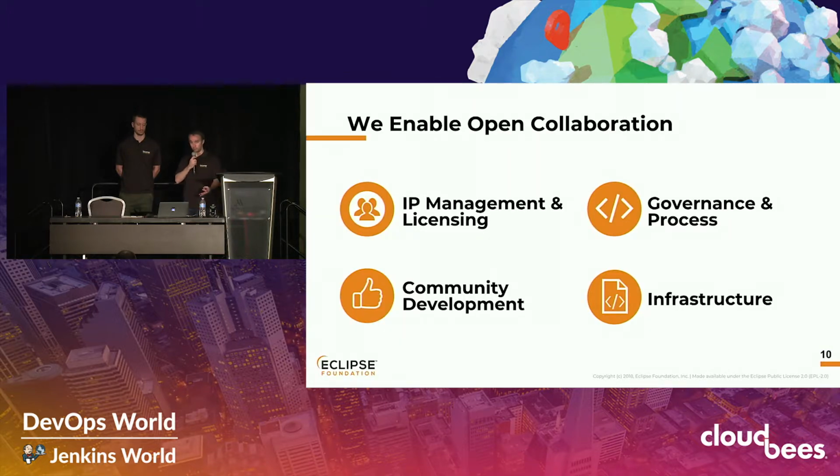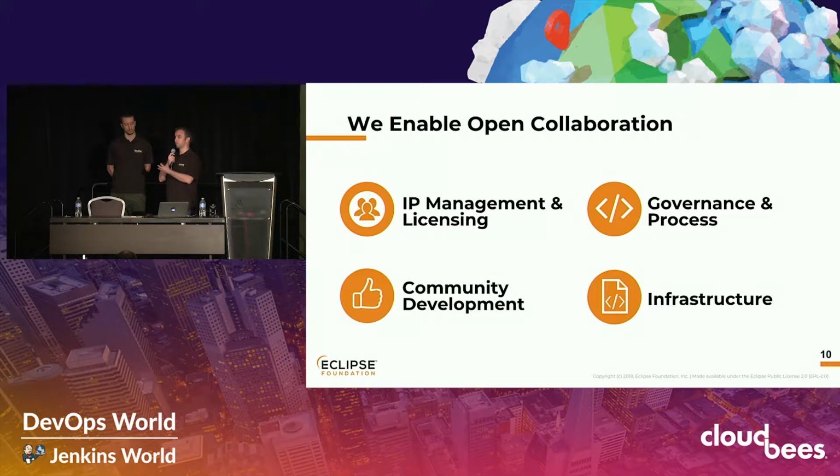So the framework that we provide to our projects is composed of four main parts. The first one is IP management and licensing. So we provide our own open source license, which enables business open innovation. We also provide governance and processes, that is tightly linked to IP management and licensing.